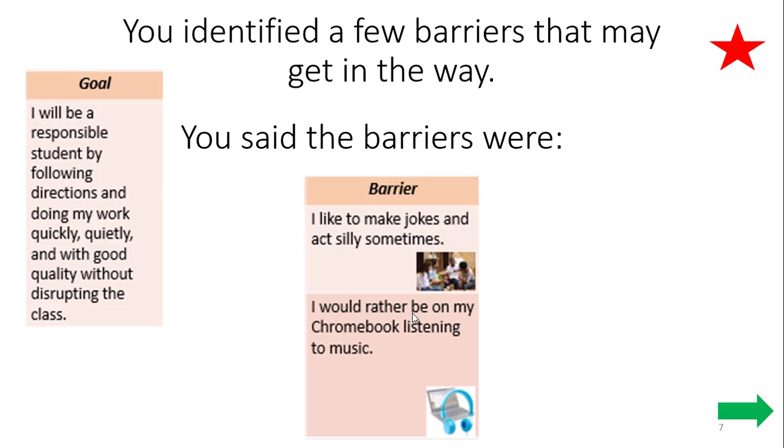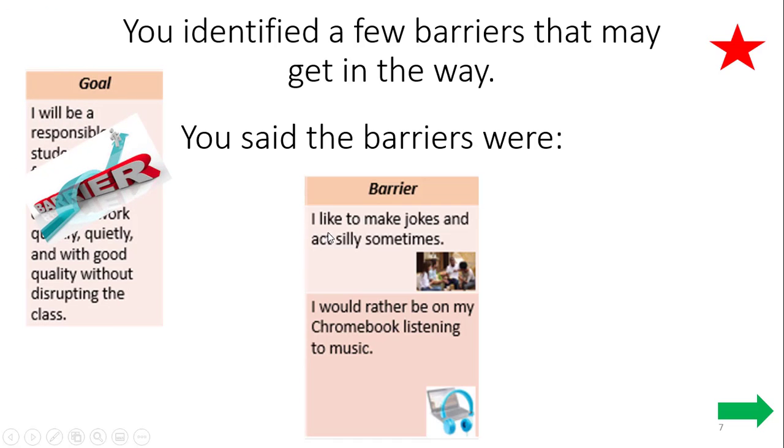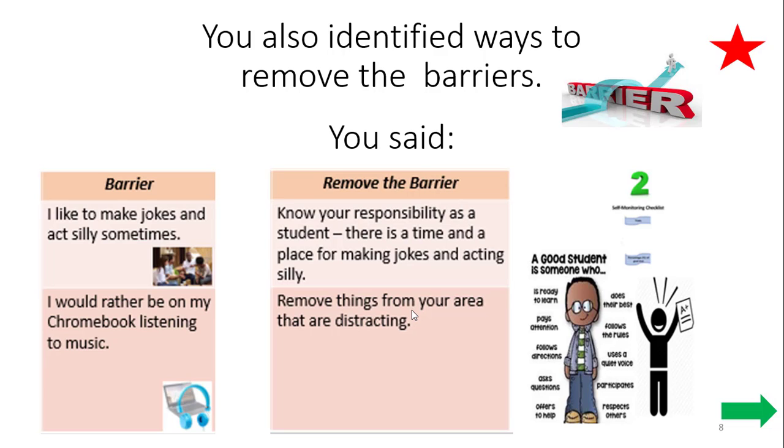So far, you've identified a few barriers that may get in the way of achieving your goal. Remember, your goal is to be a responsible student by following directions and doing work quickly, quietly, with good quality, without disrupting the class. And a barrier that may get in the way of that is to make silly jokes and act silly sometimes, or maybe rather be listening to Chromebooks and music. You also identified ways to remove the barrier.